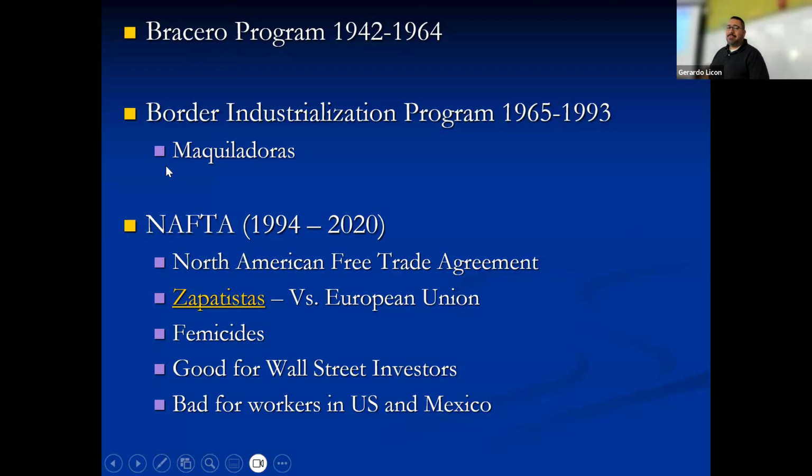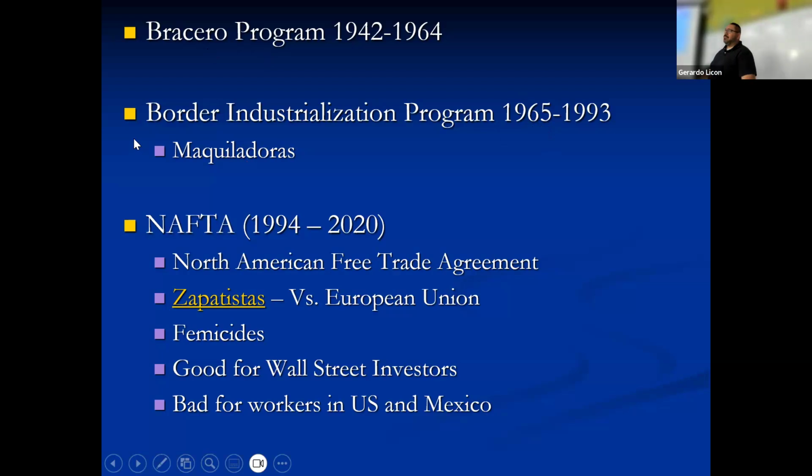The Bracero program did not have any maquiladoras. The Bracero program was people working in agriculture and farms and railroads. The maquiladoras begin with the border industrialization program the following year, 1965.